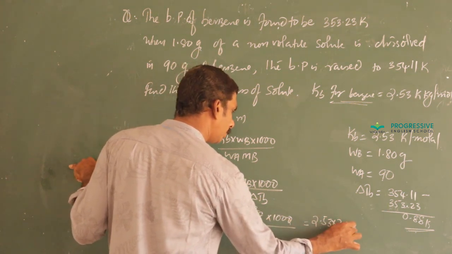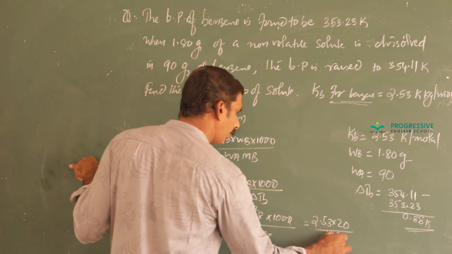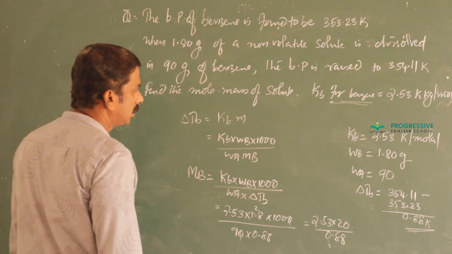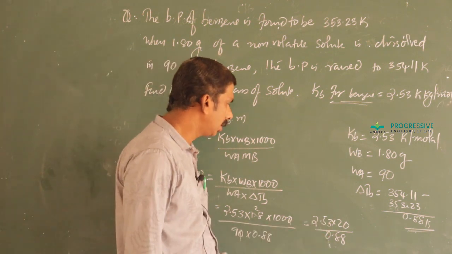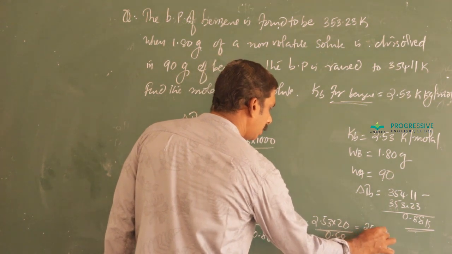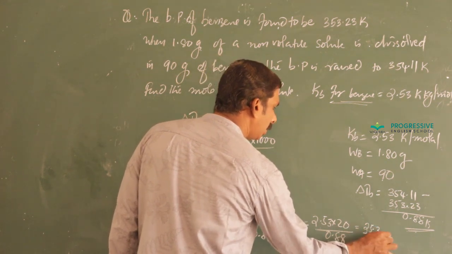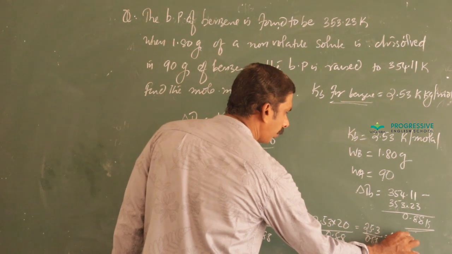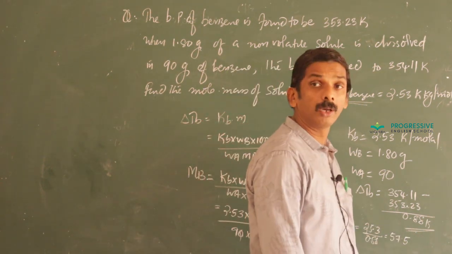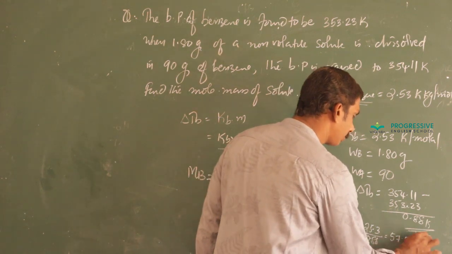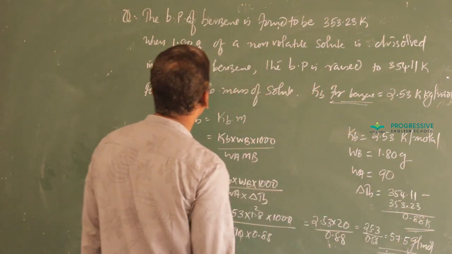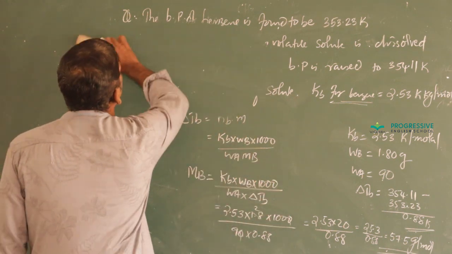That is 2.53 into 20 divided by 0.88, that is 25.3 divided by 0.88, that is about 57.5 gram per mole.